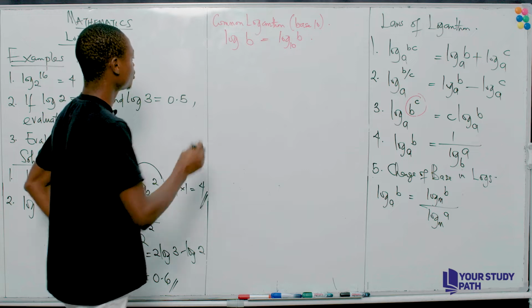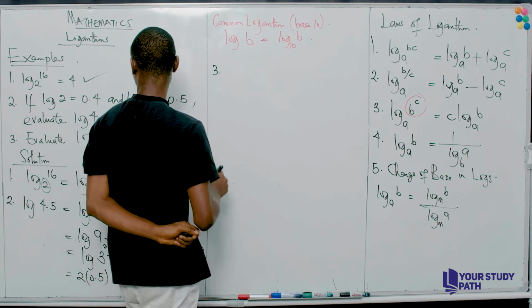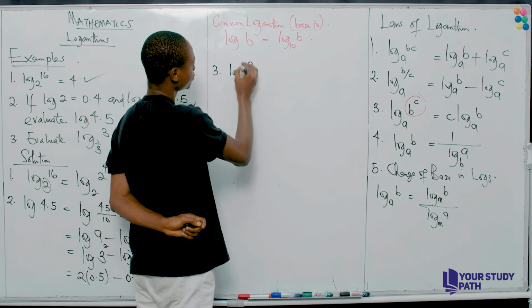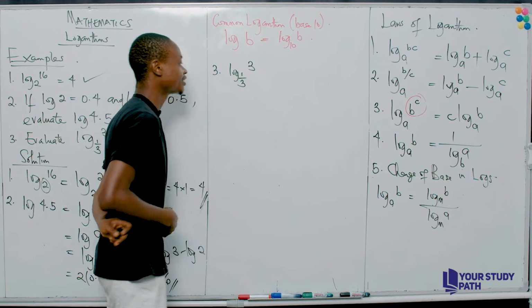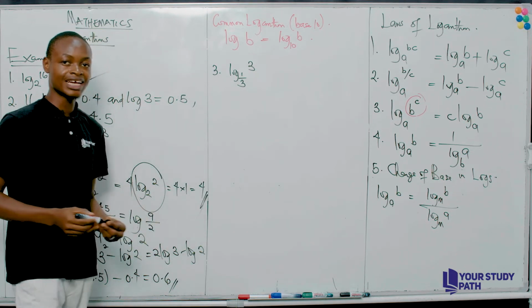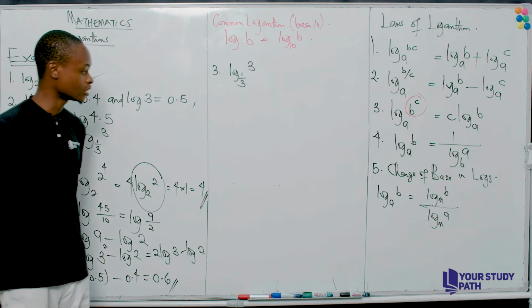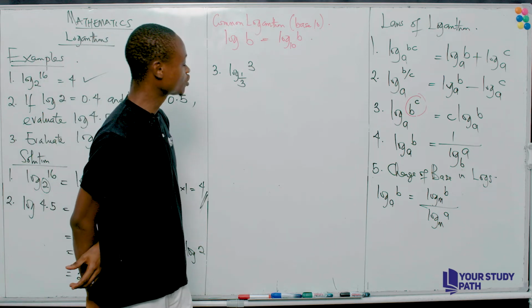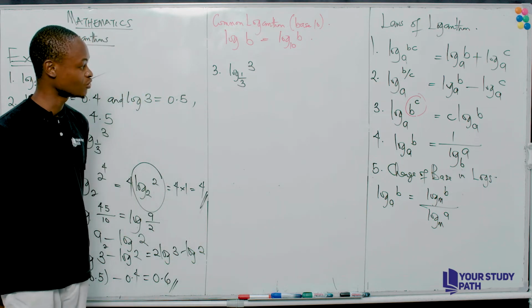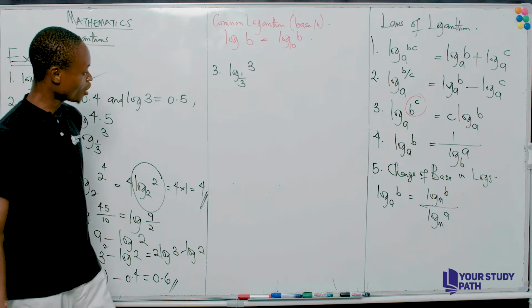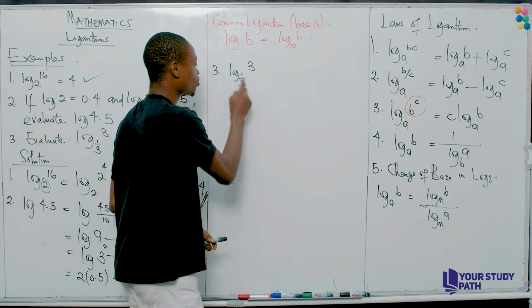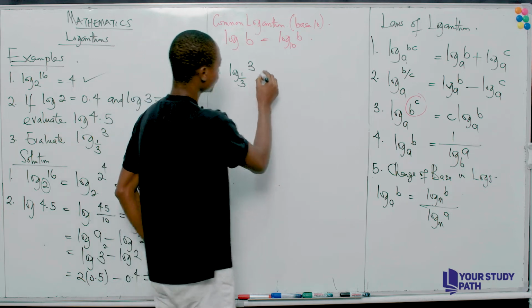Let's take our third. We have to evaluate log 3 to the base of 1 over 3. Now, 1 over 3 as a fraction, obviously, a proper fraction, looks very, very difficult to evaluate within that box. What if we are able to take 1 over 3 away from the base position? Like so.